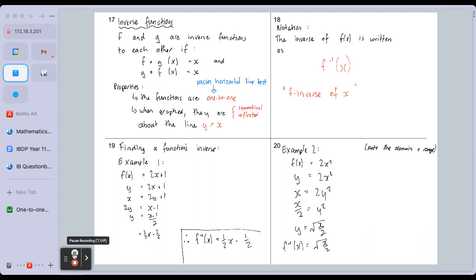So when I say note the domain and range here, we can note this only works if we restrict the domain of f of x.